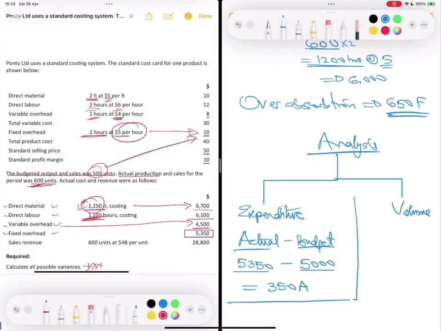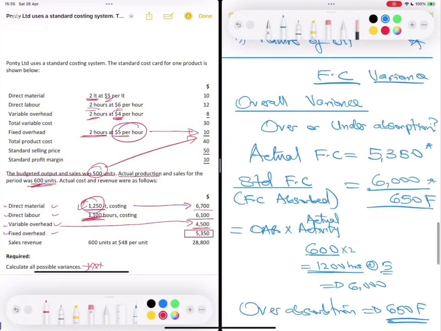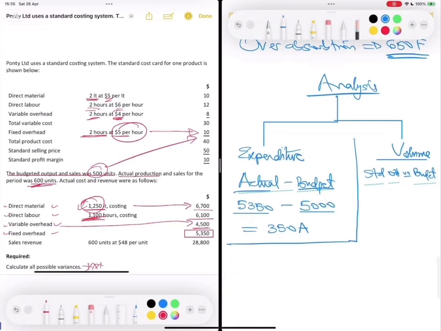Now let's look at the volume. For volume, we said it is about overhead absorption compared with the budget fixed cost. Which means we need to compare our standard overhead versus budget. We already know the standard overhead is 6,000 here, and the budget is 5,000.